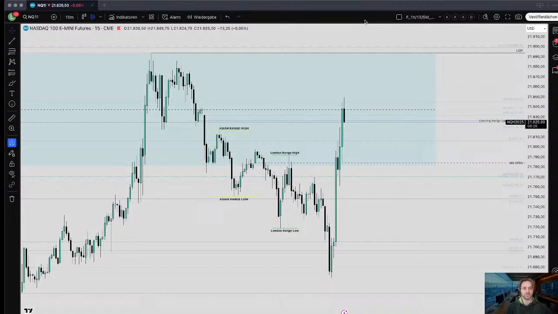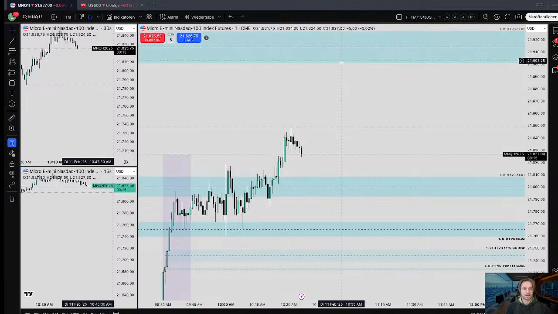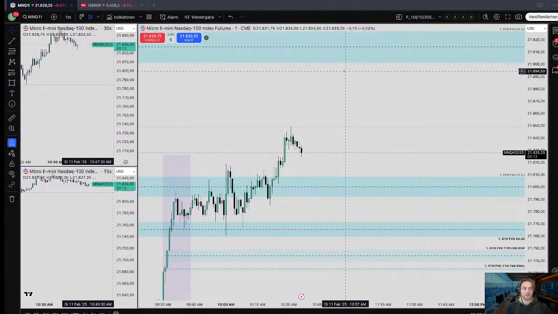That's around 160, 170 points from here. Like this level, no, it's not even. Oh, I was wrong. It's just 60 points from here, but anyway.